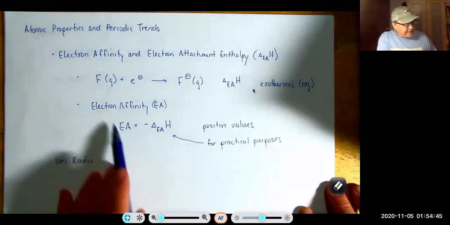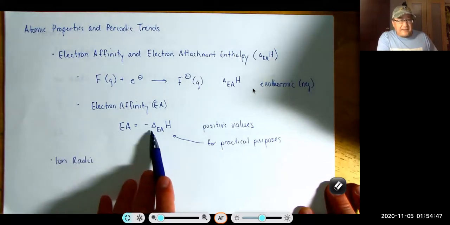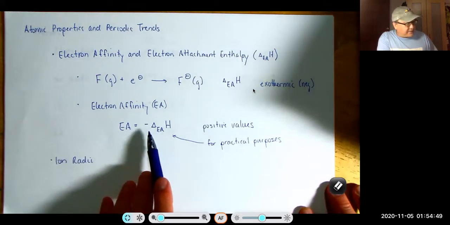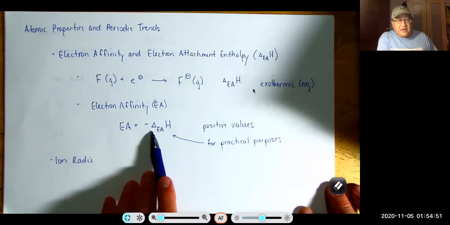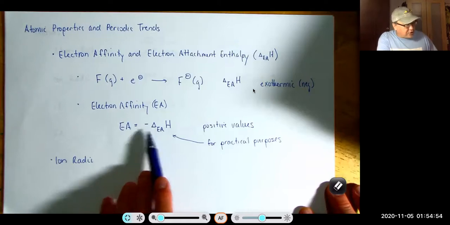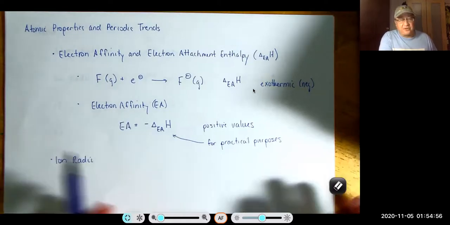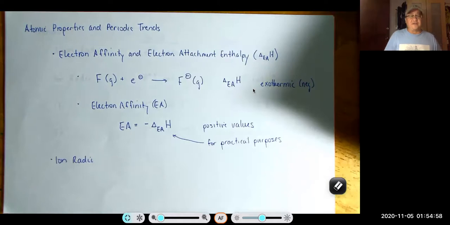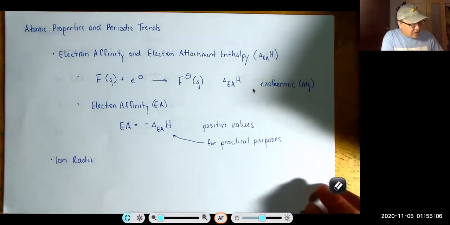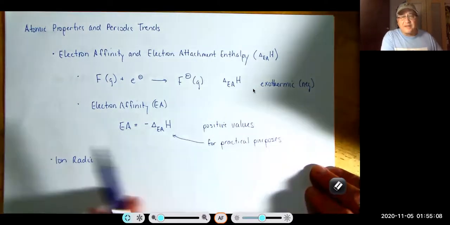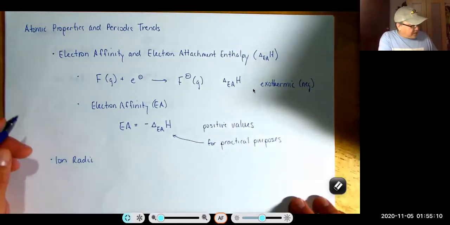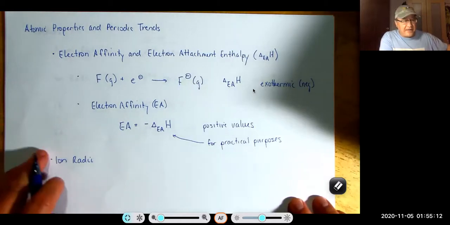Electron affinity is the opposite of this electron attachment enthalpy. So here you're just dealing with positive values. So it's really easy to look at electron affinity and say, which one has more electron affinity? It's the one with the larger positive value. So it's just a way to try to talk about these where you don't worry about the negative sign. And we're also going to look at ion radii.